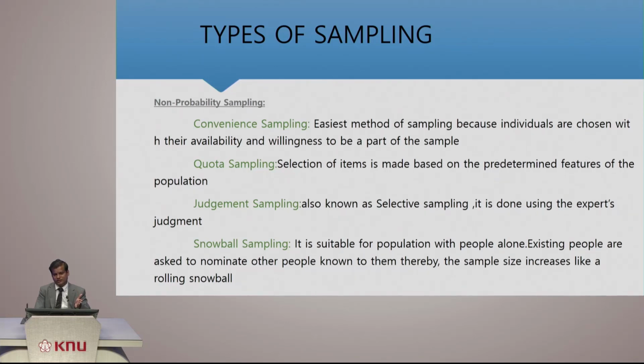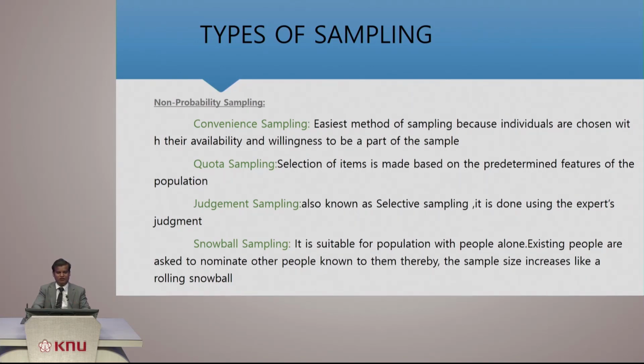For non-probability sampling, we have convenience sampling, which is the easiest method because individuals are chosen based on their availability and willingness to be part of the sample. Then quota sampling, where the selection of items is made based on predetermined features of the population.